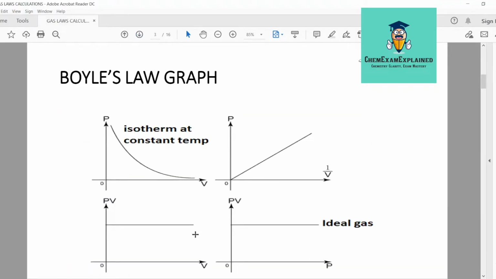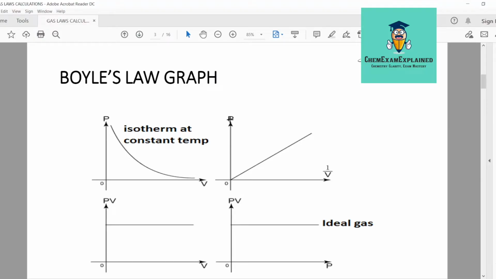The graphs for Boyle's law, we have P versus V, or vice versa. So the P is on the y-axis and the V is on the x-axis, but you could have the V on the y-axis and the P on the x-axis.